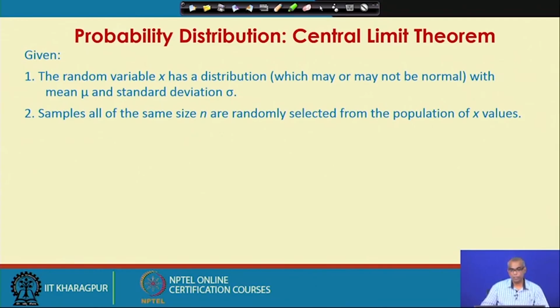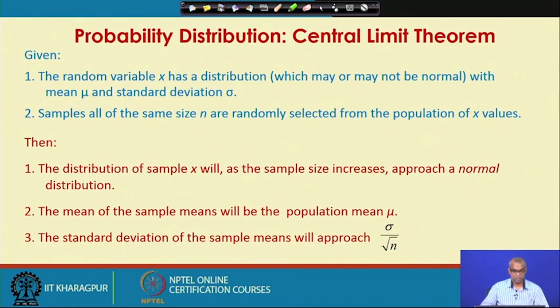Let us learn about a theorem known as the central limit theorem. Given the random variable x has a distribution, which may or may not be normal, with mean mu and standard deviation sigma. Samples, all of the same size n, are randomly selected from the population of x values.